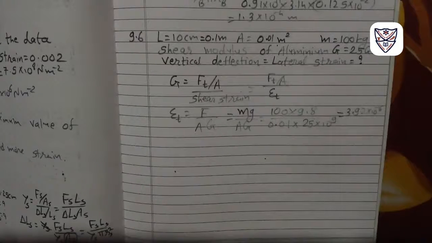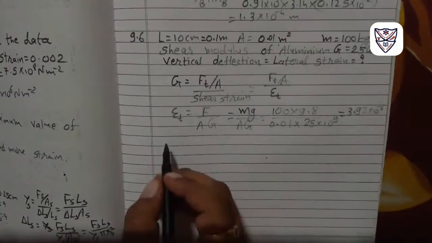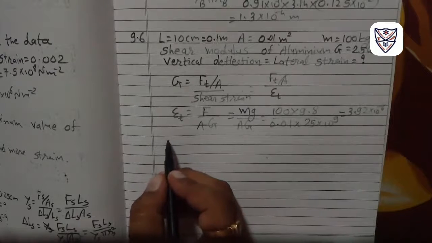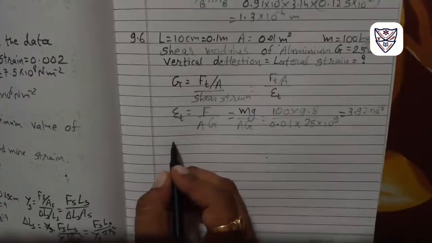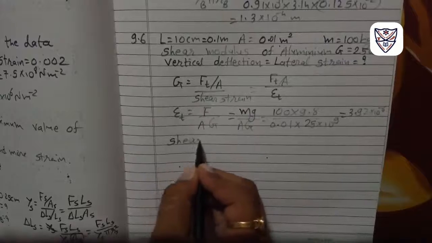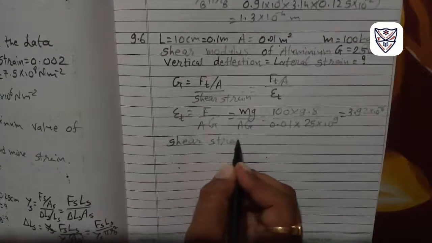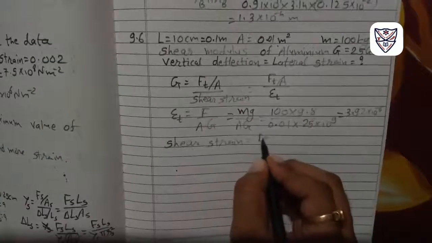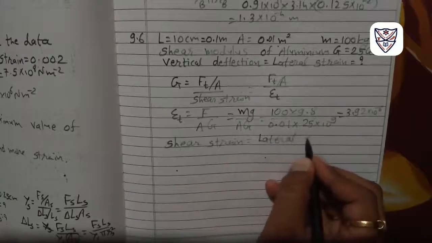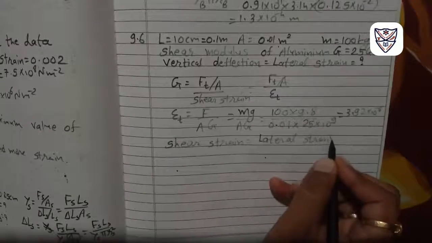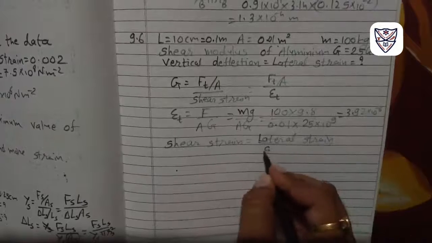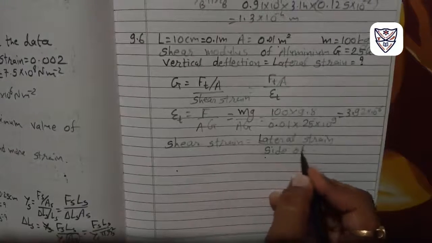Now we need to find lateral strain. That formula comes from shear strain. Shear strain is equal to lateral strain upon side of cube.